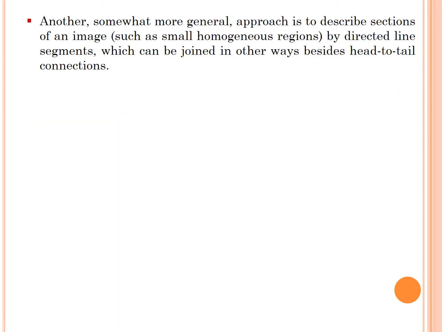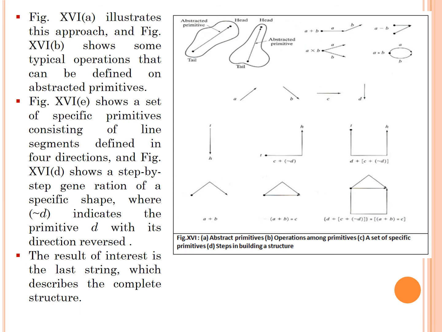Another, somewhat more general approach is to describe sections of an image, such as small homogeneous regions, by directed line segments which can be joined in other ways besides head-to-tail connections. Figure a illustrates this approach and figure b shows some typical operations that can be defined on abstracted primitives.